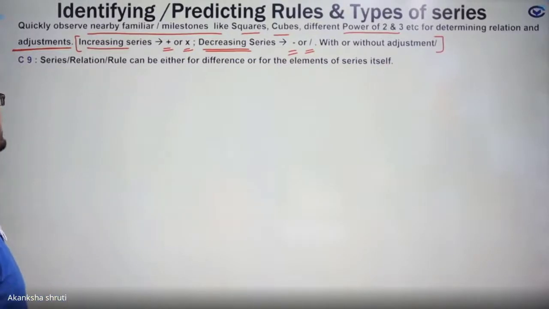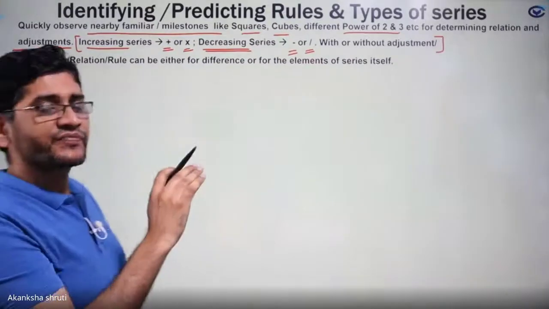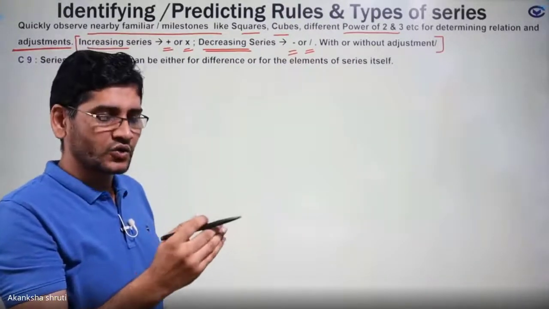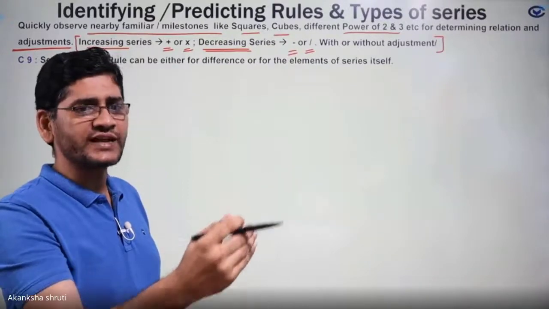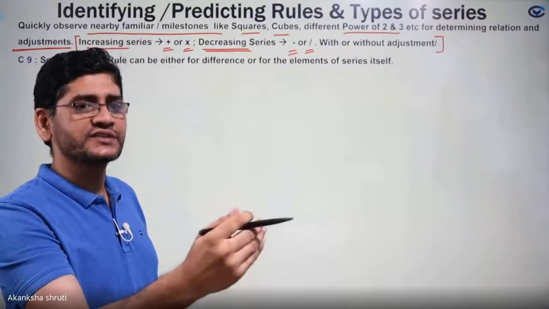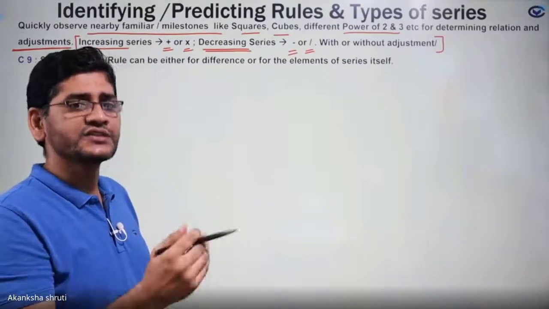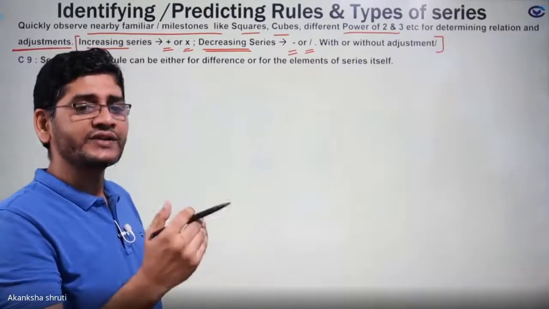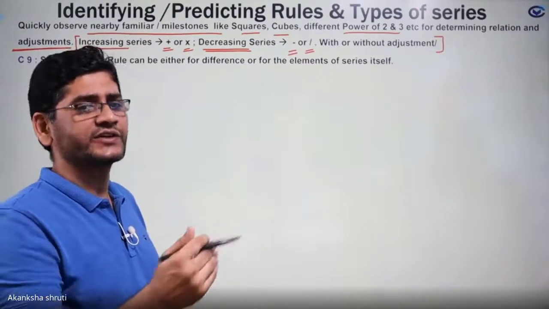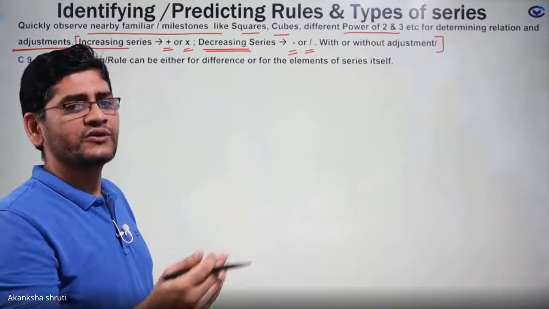So in a series, either the relation could be among their differences: the differences are constant, or the differences are uniformly varying, or the differences are varying very fast. Or else one term is directly related to another, like one term is multiplied by 2 and added with 1.